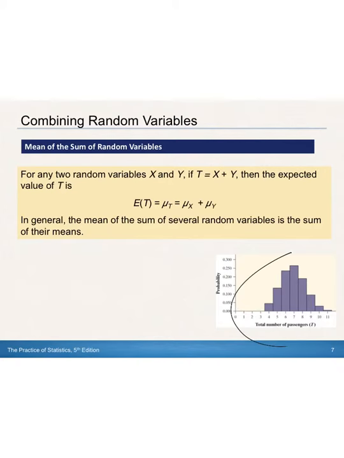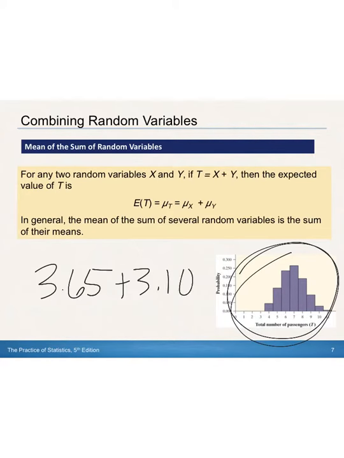So here is the distribution of them together. Sure enough, the middle is going to be that 3.65 plus the 3.10, and here we get 6.75, which is right here about in the middle. So with means, all you have to do is add the averages, or the expected value of each of the random variables, and you're done.